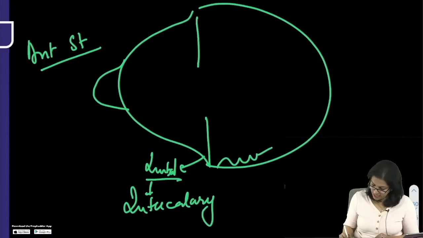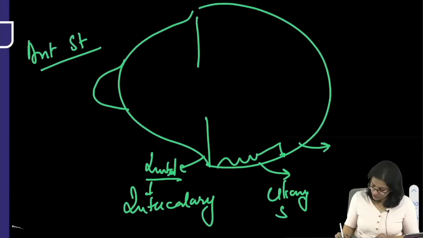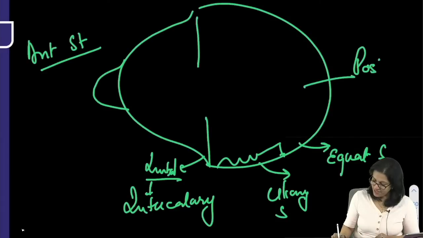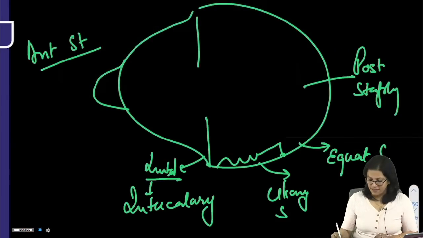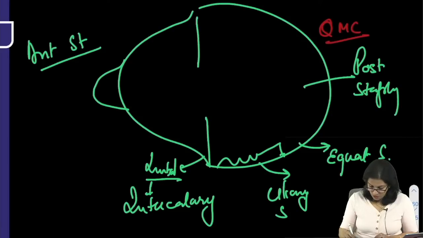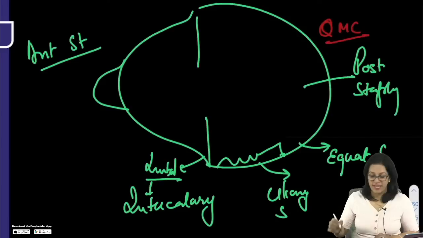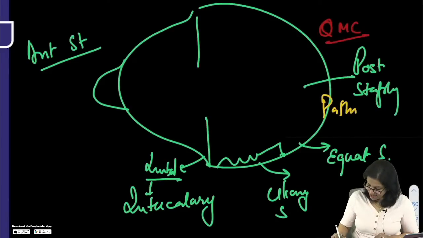If it is from the ciliary body area, we call it ciliary staphyloma, then equatorial staphyloma, and finally posterior staphyloma. Right? And your exam question, which is most common? Posterior. Why does it happen? Generally you will answer pathological myopia.